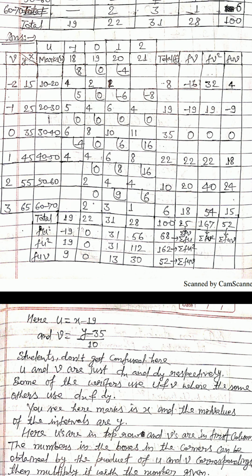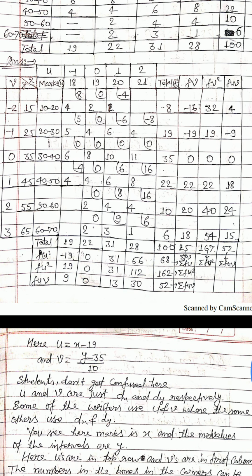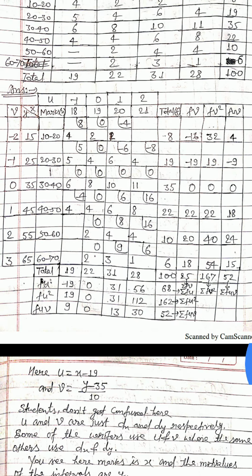Similarly, we proceed, and you see here the small boxes in this table. In the first row there are 8, 0, minus 4, then 5, 0, minus 6, minus 8, 0, 0, 0. How do these numbers arrive here? Take this 8.